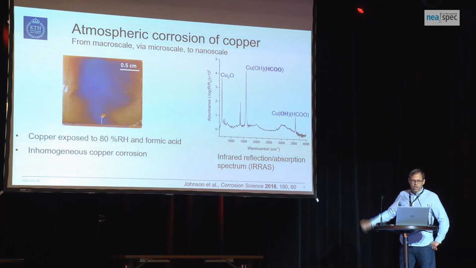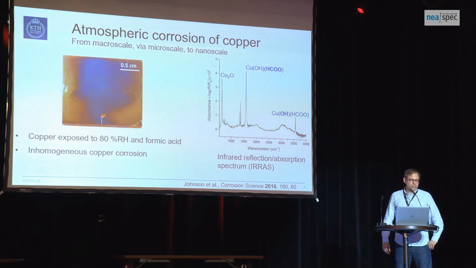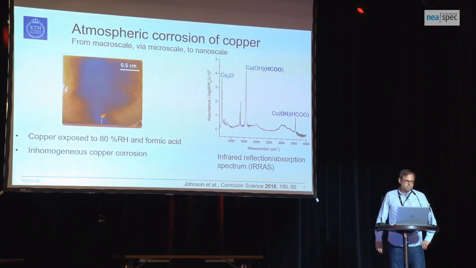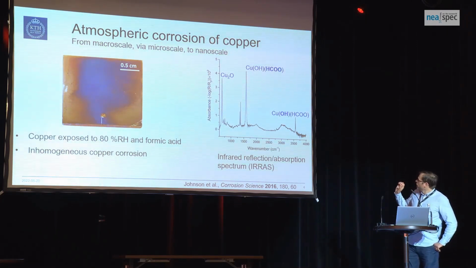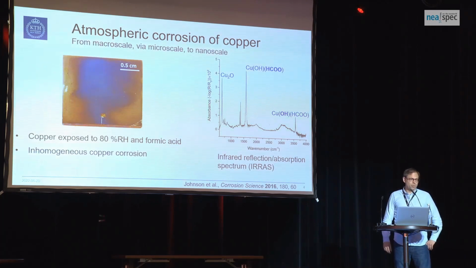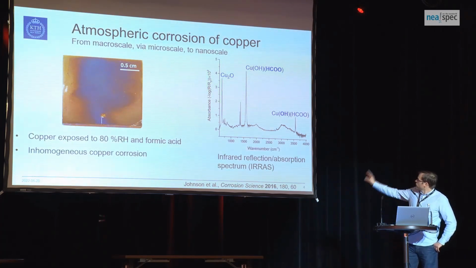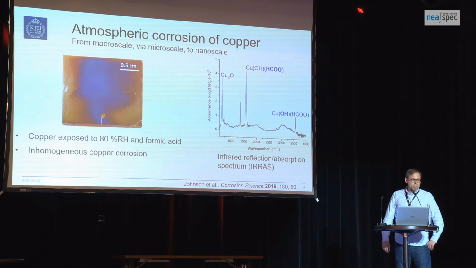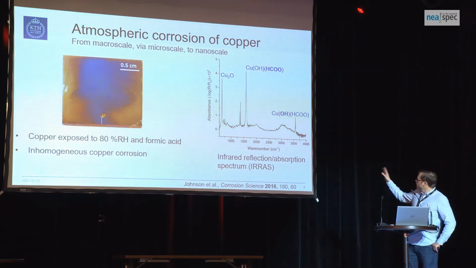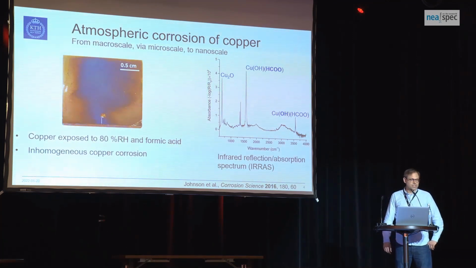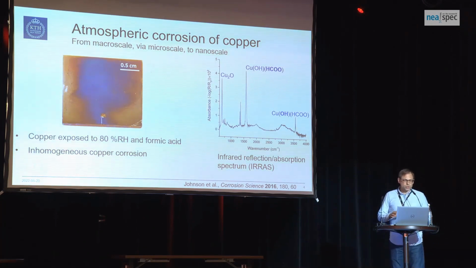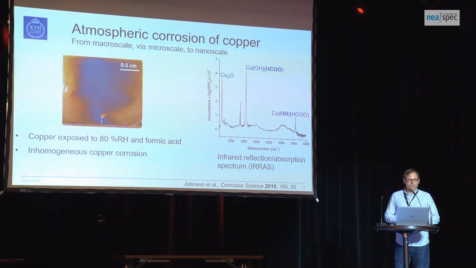To the far left, we have copper oxide, or cuprite, at 650 wave numbers. We also have copper hydroxy formate that gives rise to a strong peak around 1600, and the OH bond gives rise to a peak around 3570 wave numbers. Those two are the corrosion products that are formed, and our interest was to see how they develop by time, and also how these two are distributed on the surface.